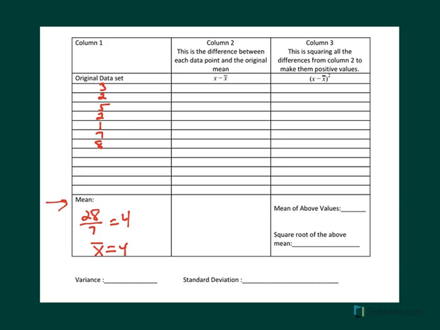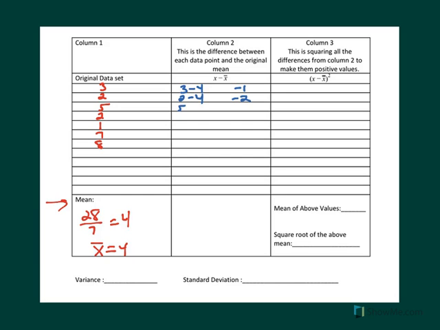And then we want to find the difference between the data point and the mean. So the first one, it's going to be 3 minus the mean, which is 4, which should get us -1. And the next data point, 2, minus the mean, which should get us -2.